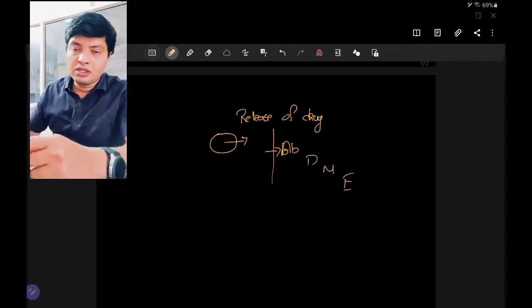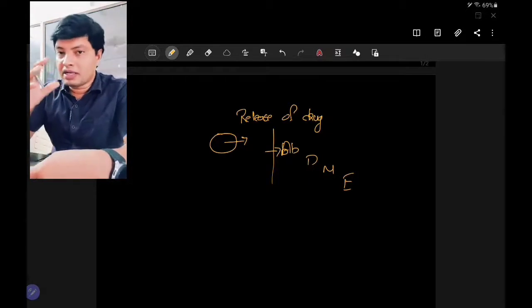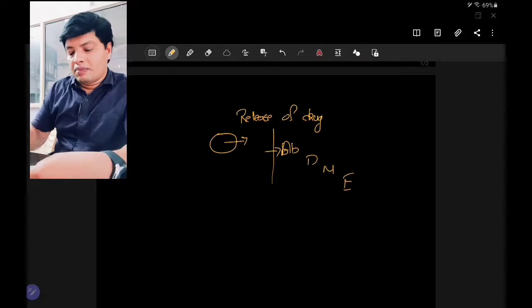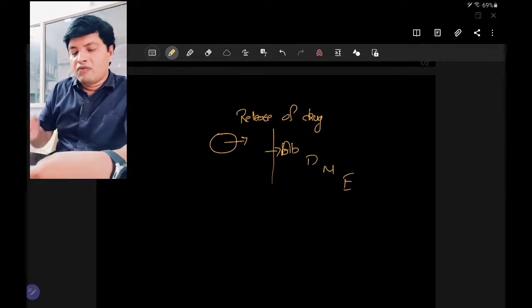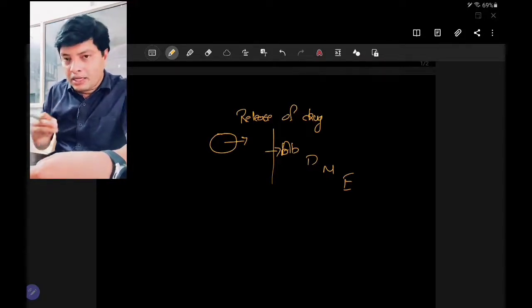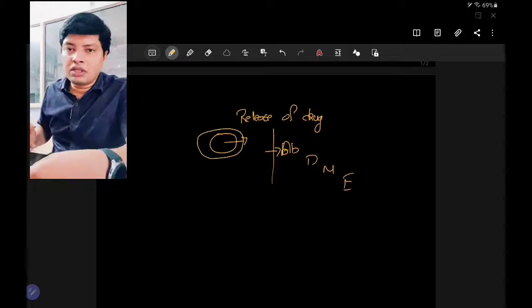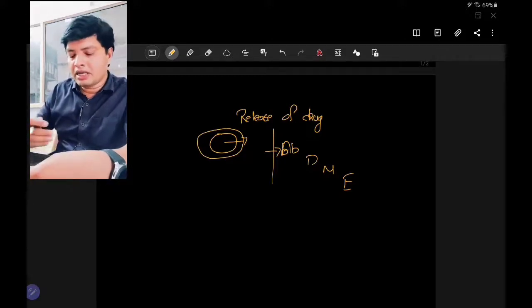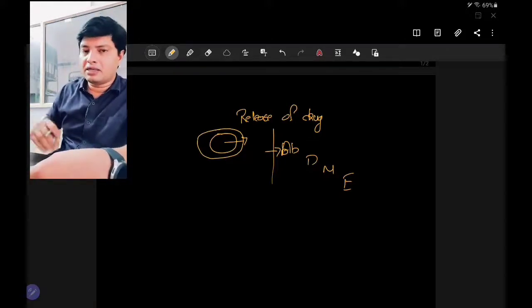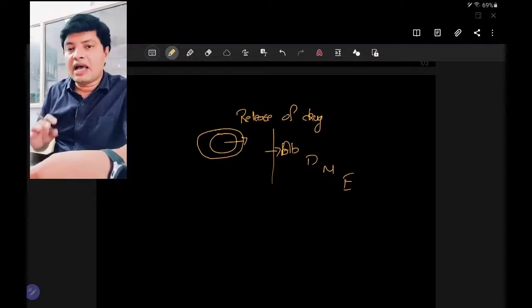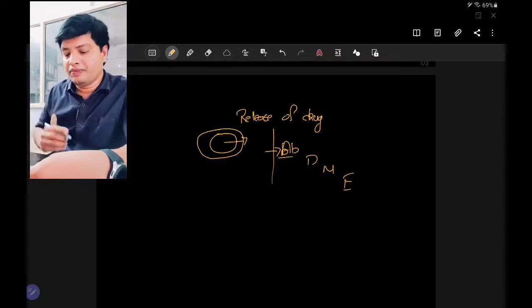So whatever the property of the drug is, I can control that property just by controlling the release of the drug from this dosage form. If I control the release, then it will be released in a controlled way, and I assume that this will act in a predetermined way.